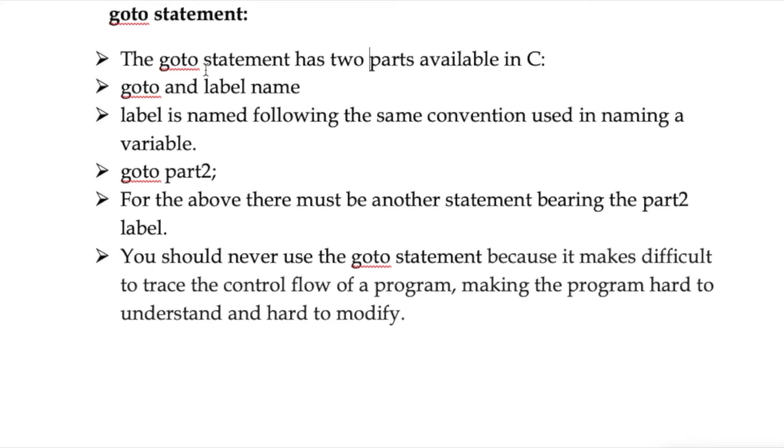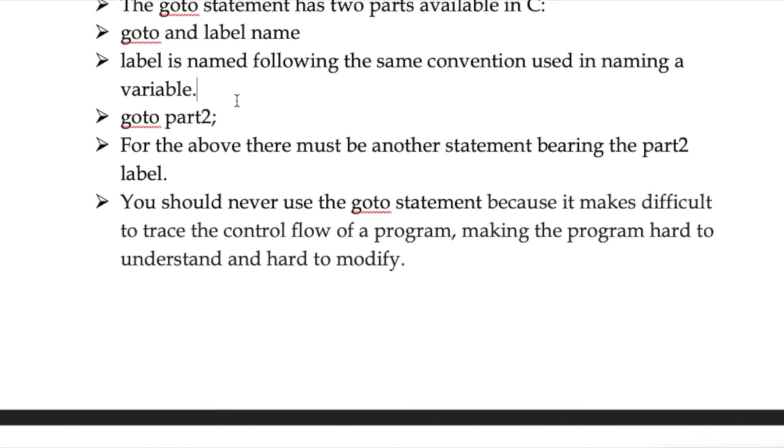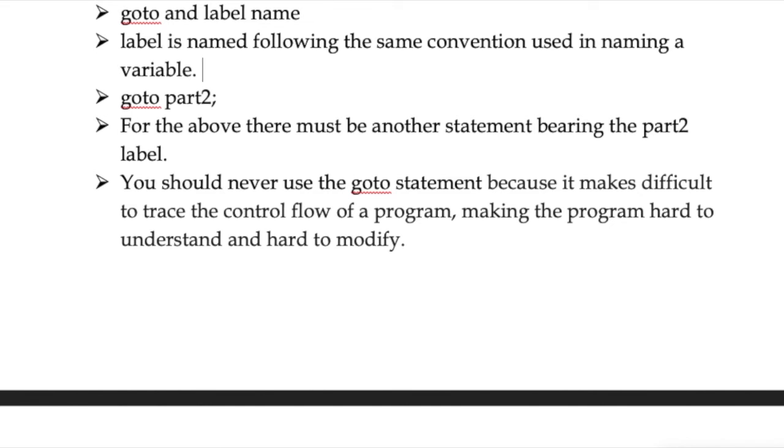The goto statement has two parts available in C: goto and a label name. The label is named following the same convention used in naming a variable, like x equals 4. In a sense, we give it some name which helps us assign it very easily.